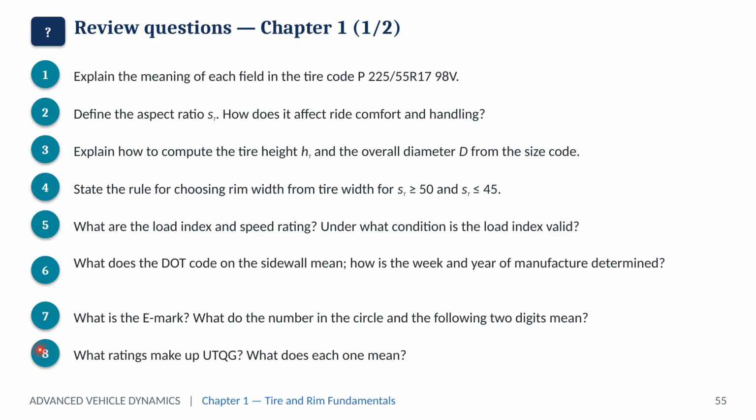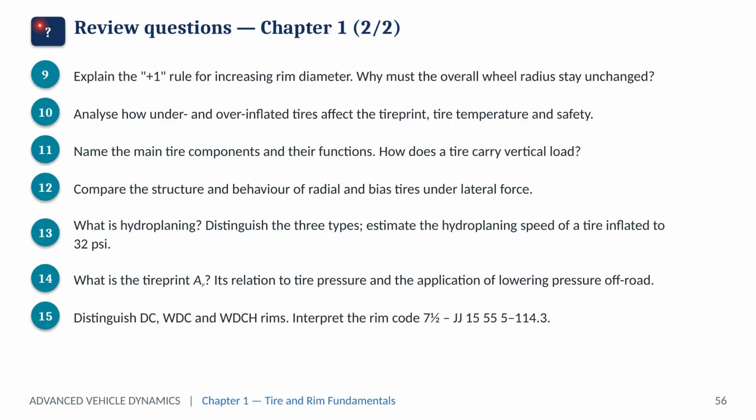Question 8. The UTQG ratings. The remaining 7 questions. Question 9. The +1 rule for a larger rim, and why the overall wheel radius must stay unchanged. Question 10. How under and overinflated tires affect the tire print, the tire temperature, and safety. Question 11. Name the main tire components and their functions, and explain how a tire carries vertical load.